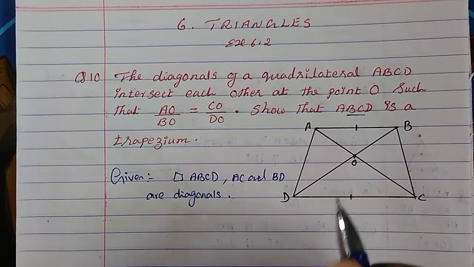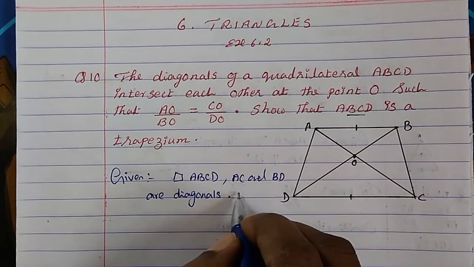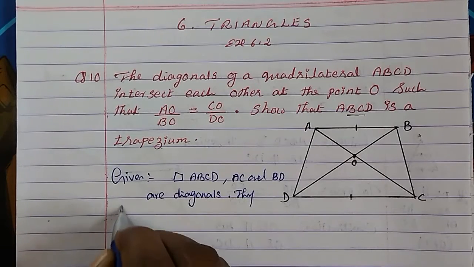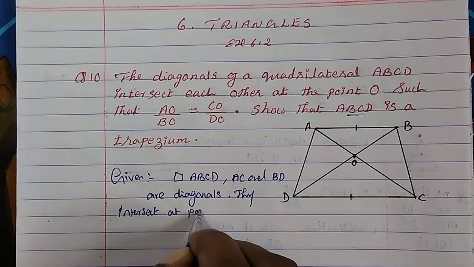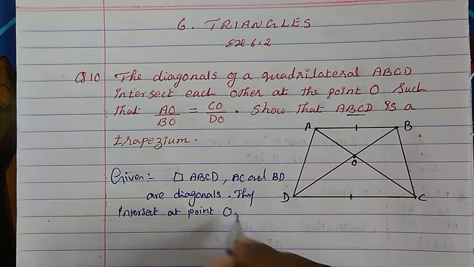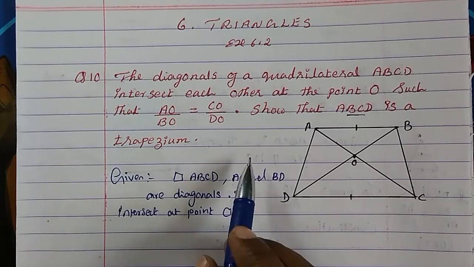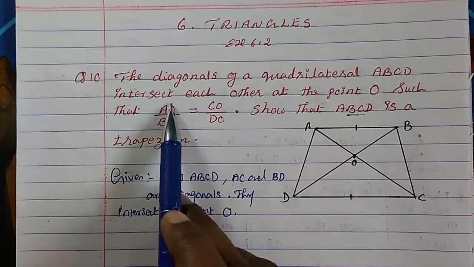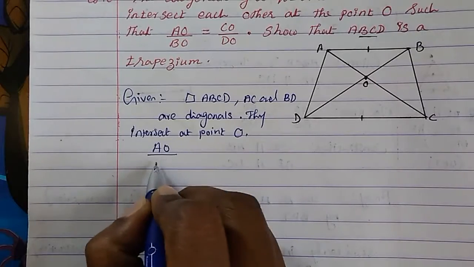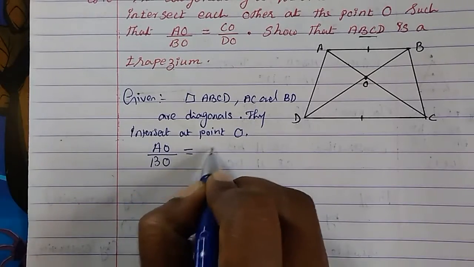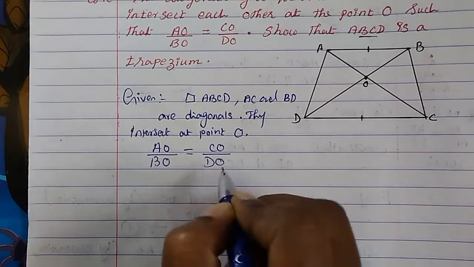They intersect at point O. That is given to us, and also given to us is this ratio, such that AO upon BO is equal to CO upon DO.